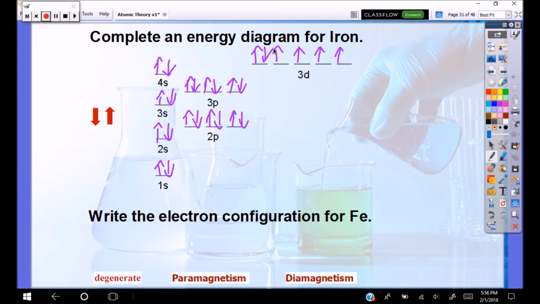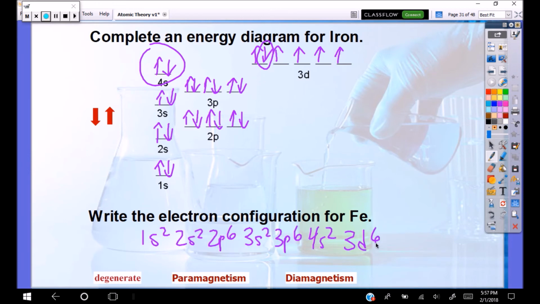So iron, we know, can have a +2 charge or a +3 charge, because it can lose either 2 valence electrons or 3 valence electrons. It could lose the 2 valence electrons here and become a 2+, or it can also lose this one, because a half-filled 3d orbital is more stable than one that has 6 in it, because you still have that repulsion going on in this region here. So just think about that.